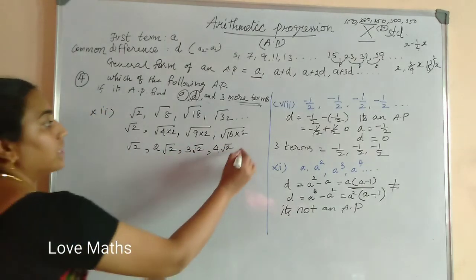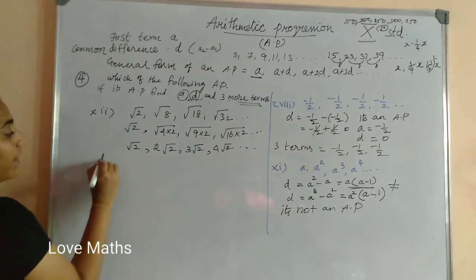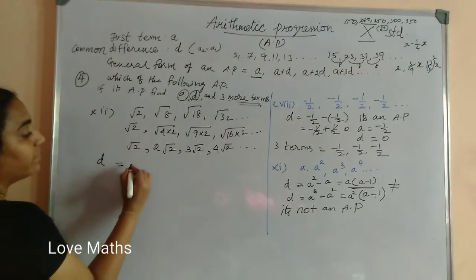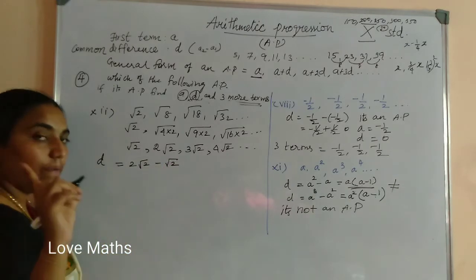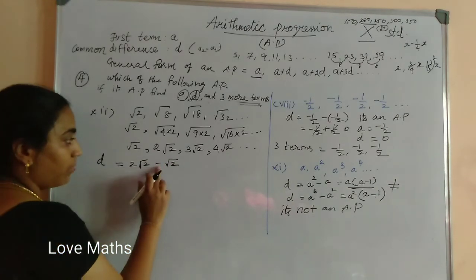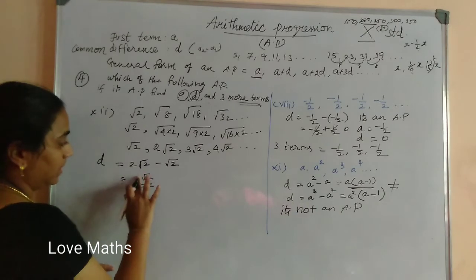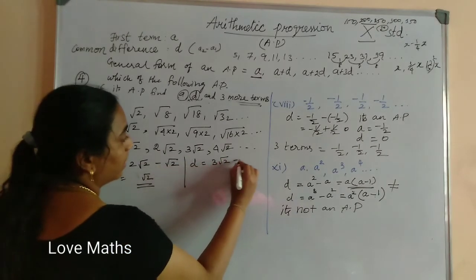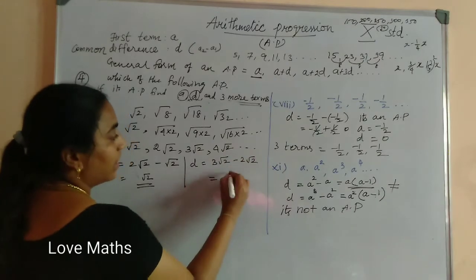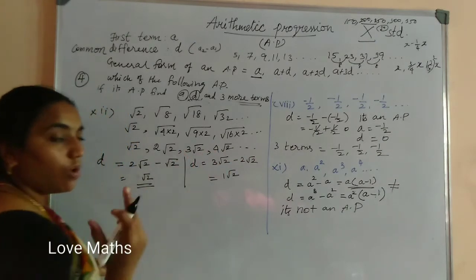Okay, now in this sequence you have to find out whether it is an AP or not. How to find the D value? Second term minus first term. 2 root 2 minus root 2, where no number means 1, so 1 root 2. Next, 3 root 2 minus 2 root 2 is clearly 1 root 2. 4 root 2 minus 3 root 2 is also 1 root 2.